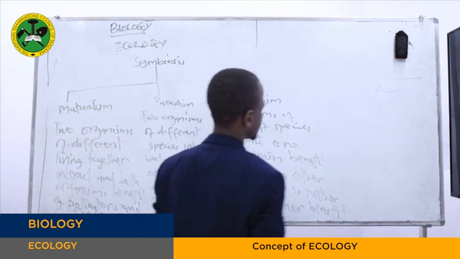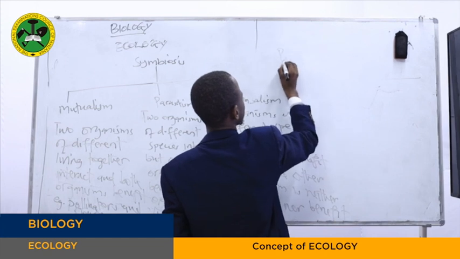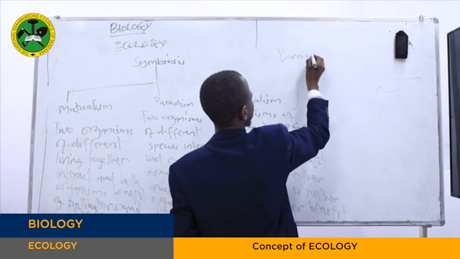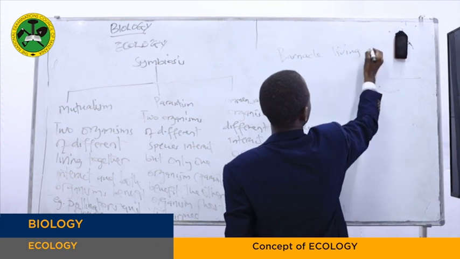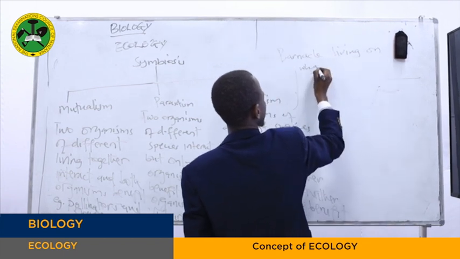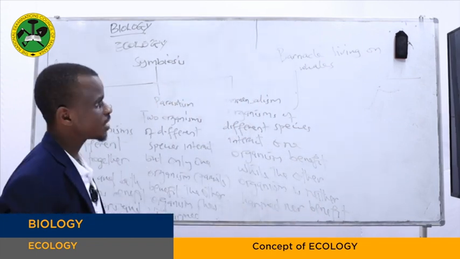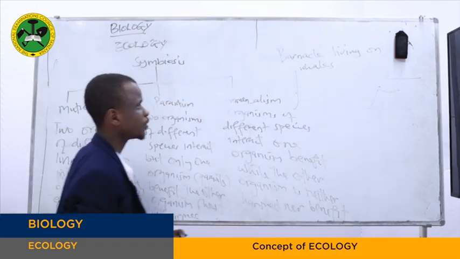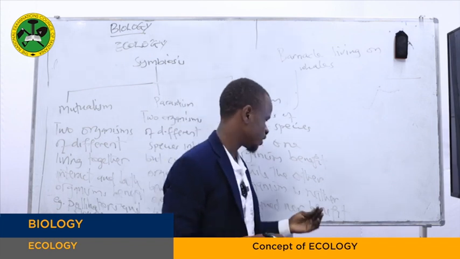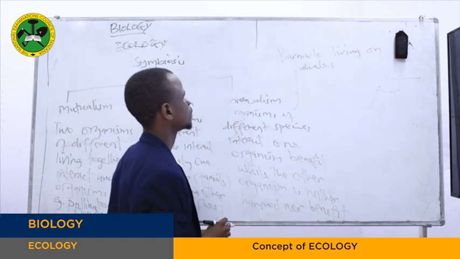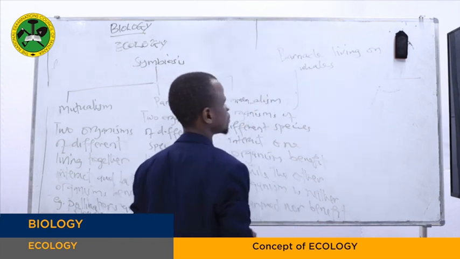Therefore, commensalism example here, we can take a barnacle living on whales. A barnacle can be transported from one area to another by whales, but whales cannot benefit or get harmed from the barnacle. Hope we are together, my students.